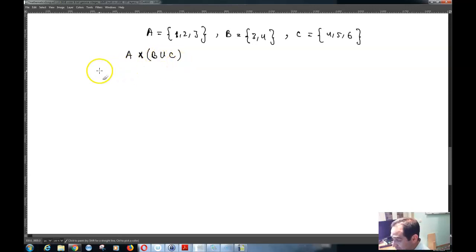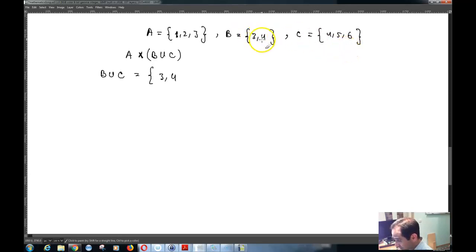B union C is a set of three elements. Basically it's a set that contains all the elements of B and the elements of C, but nothing is supposed to be repeated.